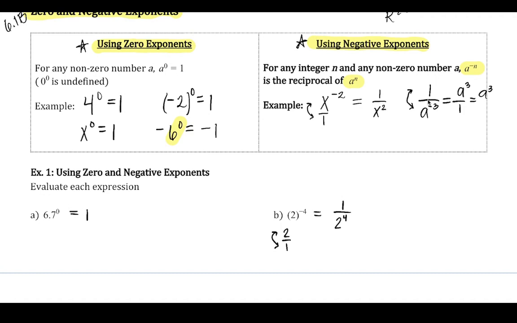So when we flip it, it changes the sign of the exponent. If you flip it from numerator to denominator, or denominator to numerator, it changes the exponent from positive to negative. So altogether I have 1 over 2 to the 4th, or we can multiply out 2 to the 4th, 2 times 2 times 2 times 2, and we end up with 1 over 16.